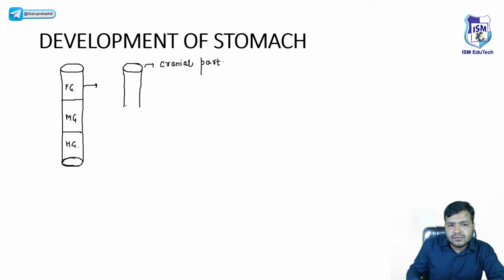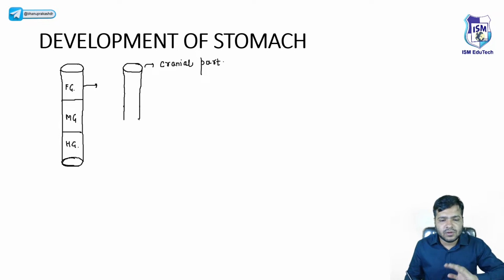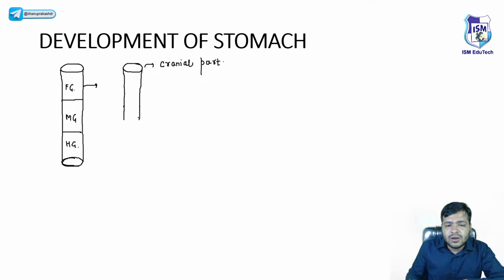So the distal part or the caudal का मतलब tail वाला part हो गया, cranial मतलब head वाला part हो गया, okay? Or I can say the lower portion or the caudal part will actually have a dilatation, and that dilatation is called the fusiform dilatation.